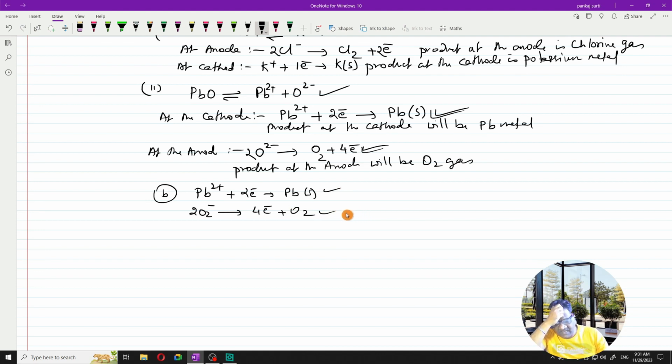And C part of the question is, using the answers in 2b, decide which processes are oxidation and which is reduction. So this is happening at the cathode and this is happening at the anode, isn't it? So at the cathode, what is happening? This lead ion is taking 2 electrons. So taking means it is accepting 2 electrons.